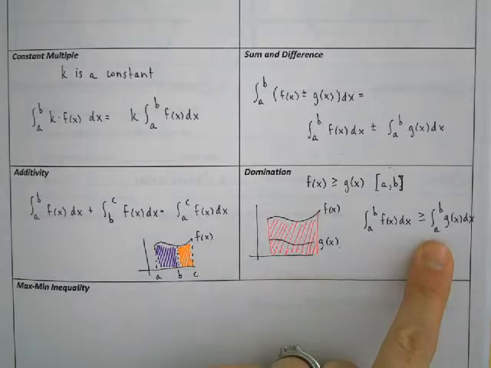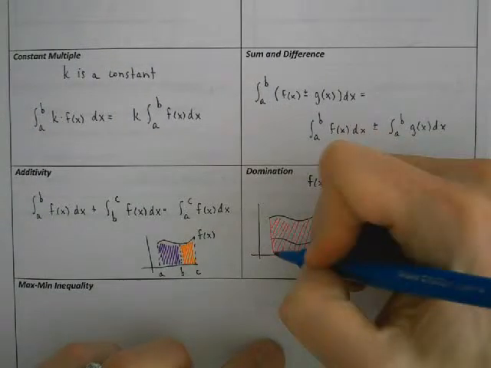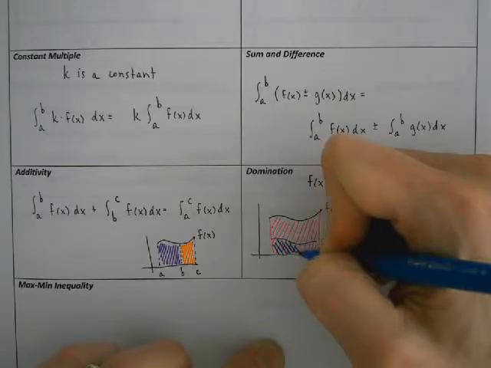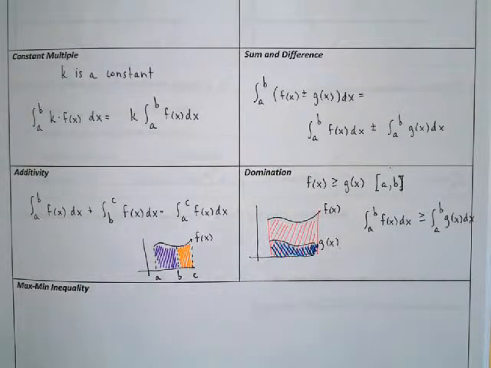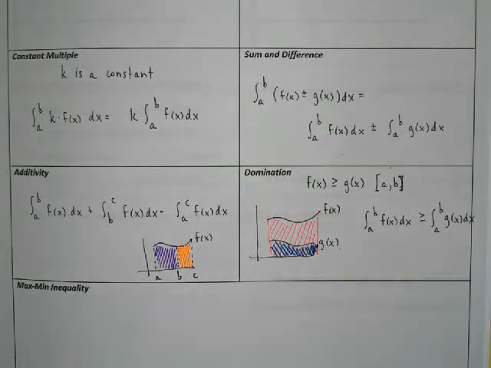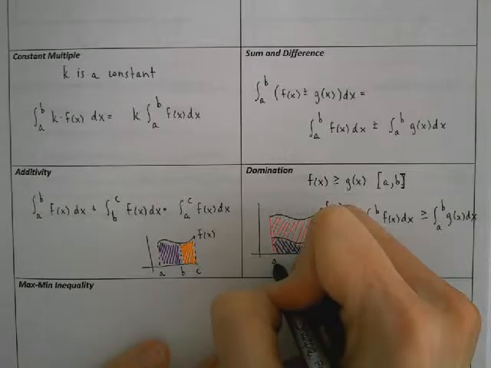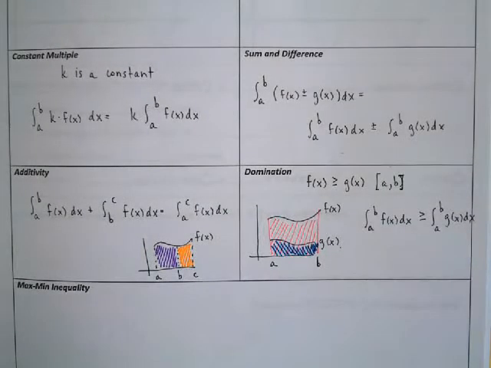But if I'm talking about the integral from a to b of g of x dx, I only have the area here under this curve. So if f of x is greater than g of x, then that integral is going to be greater as well. Let me specify that this is from a to b.